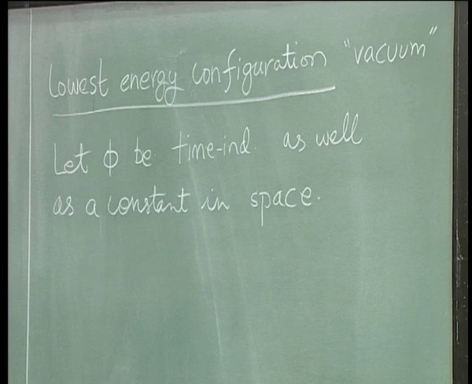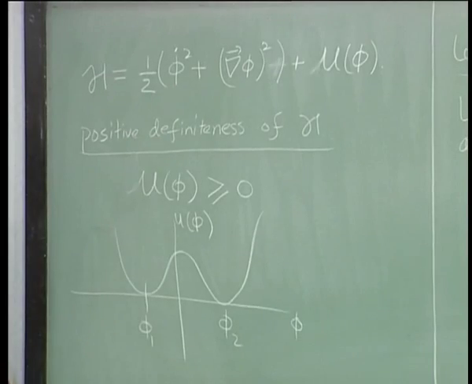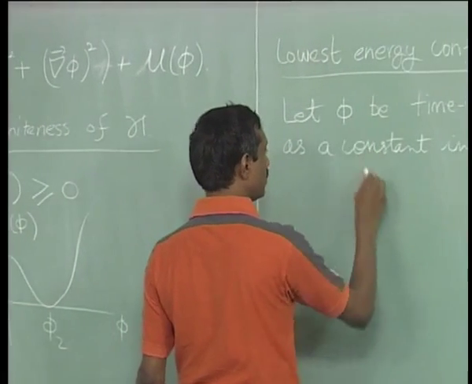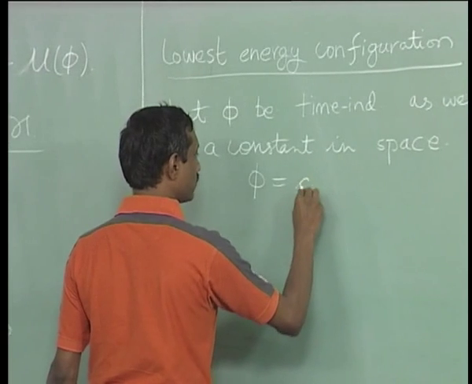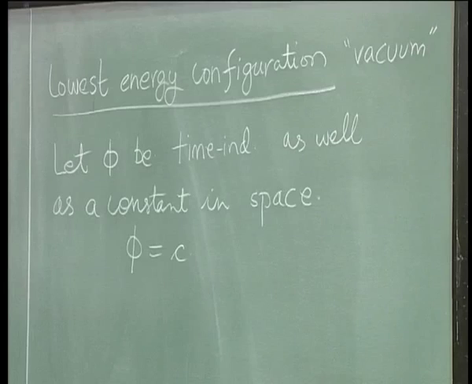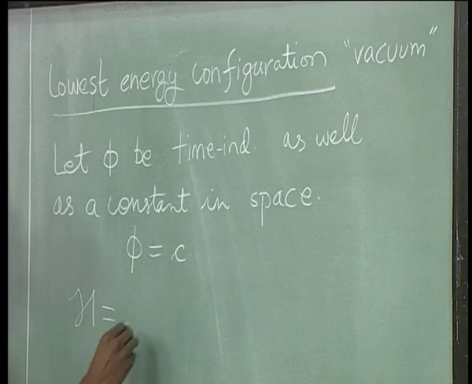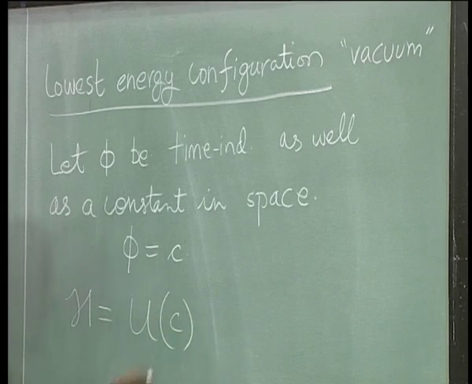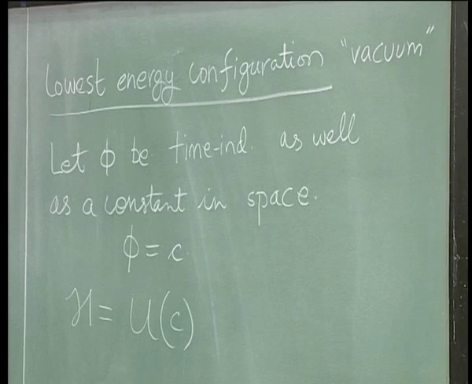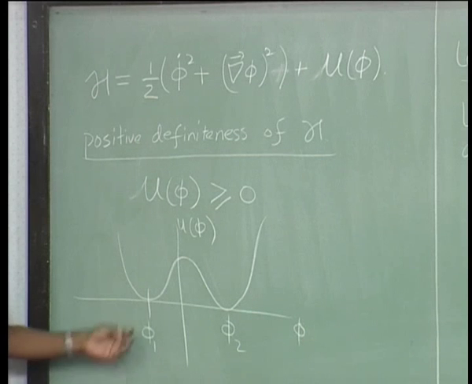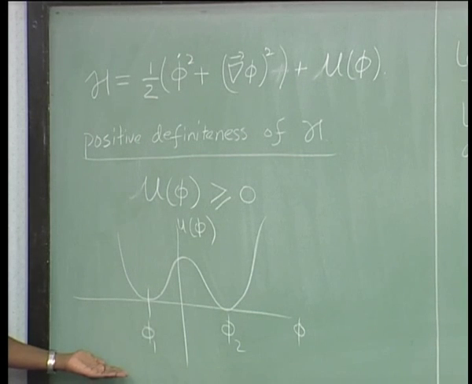So, basically what I am doing here is that these two things go to 0. So, the Hamiltonian for such a configuration, let us write that as phi equal to some constant, and so for such things the Hamiltonian density would be u of the value of the constant. Okay. So, clearly the lowest energy configurations happen when u of phi takes its lowest value.